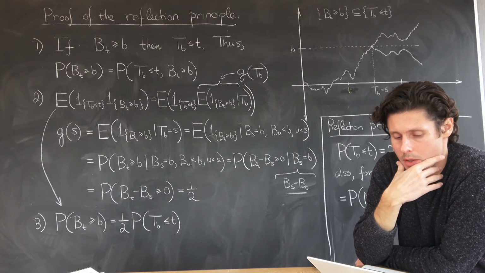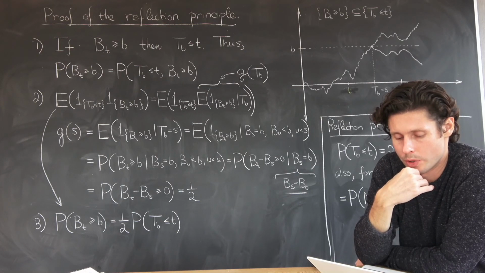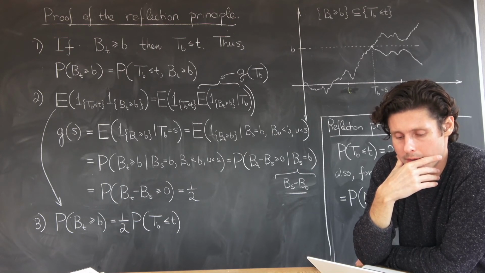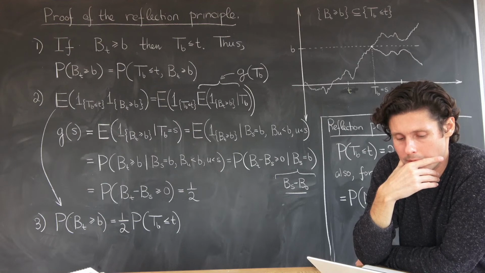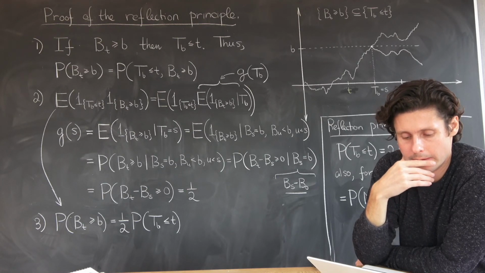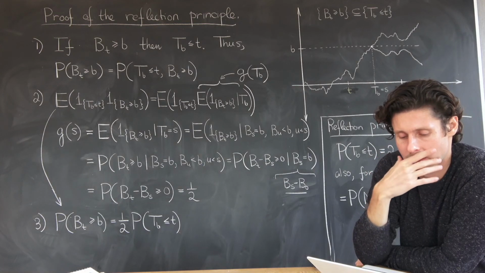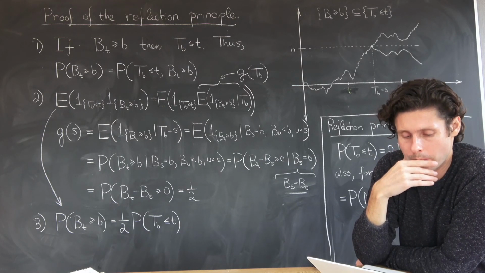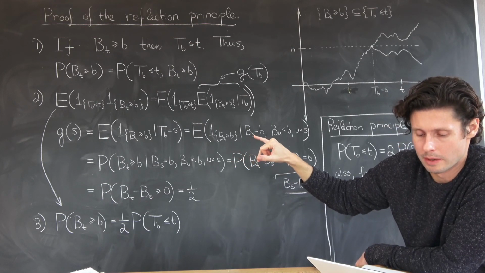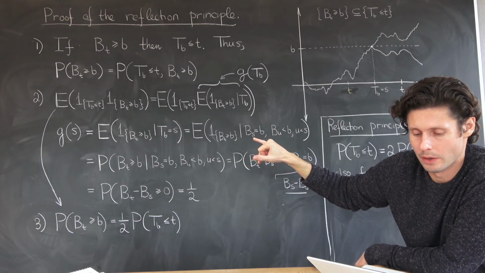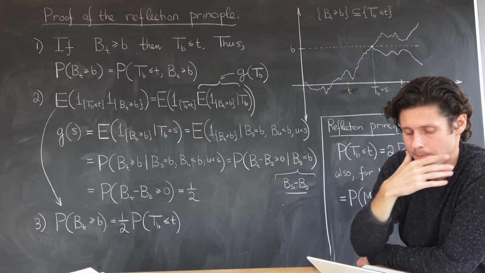It's also because the Brownian motion is continuous. If the Brownian motion did not have continuous paths, then maybe we would not necessarily be able to state this, although that depends. So here, by continuity of the Brownian motion, it has to be in state b at time s, which is the hitting time.